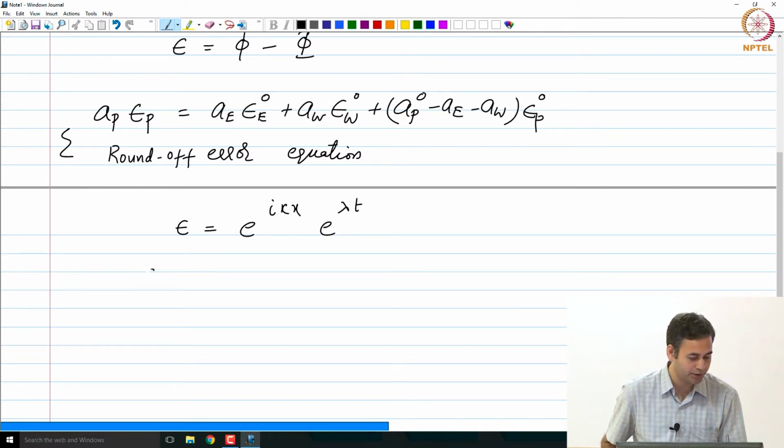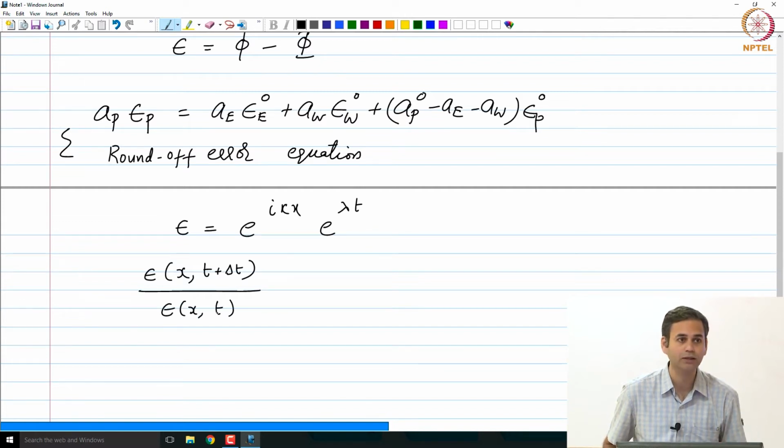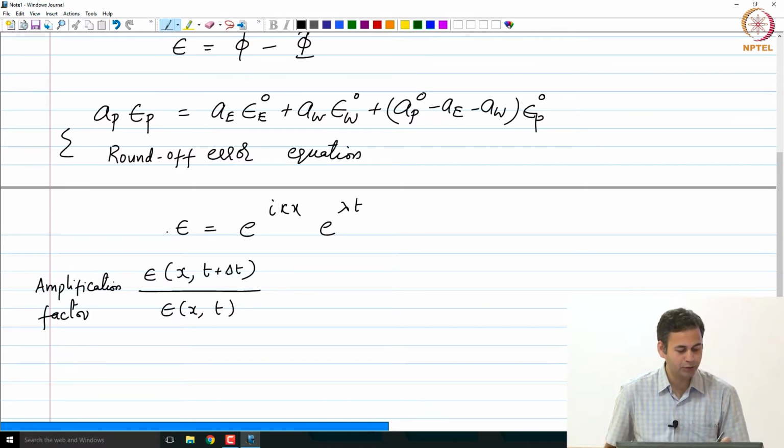So, what we are interested in is epsilon at any location x at t plus delta t upon epsilon at x at the current time level. We have termed this the amplification factor, and we would like this ratio to be less than or equal to 1, such that our round off error either remains the same or does not grow, right. That is what we would like.